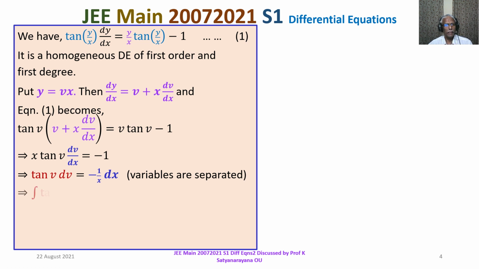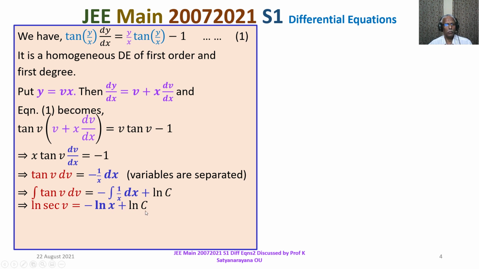Now integrate. Integral of tan v dv is equal to integral of minus 1 by x dx plus ln c. Integral of tan v is log of secant v, and integral of 1 by x dx is log of x, so minus log of x plus ln c.